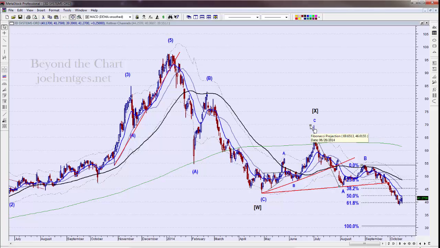What I've done is I've measured from here to here, which I think is an A move, and then measured back to the beginning or the end of B, therefore the beginning of C, and trying to say, well, where would C equal A? Okay, well, here's 100% down here at 31. So at $31 a share, a C wave will equal this move right here. So that's just from an estimating standpoint, seeing what are we possibly looking at.